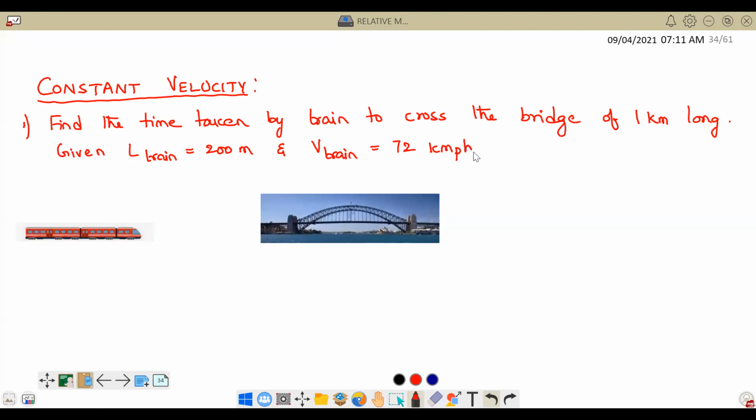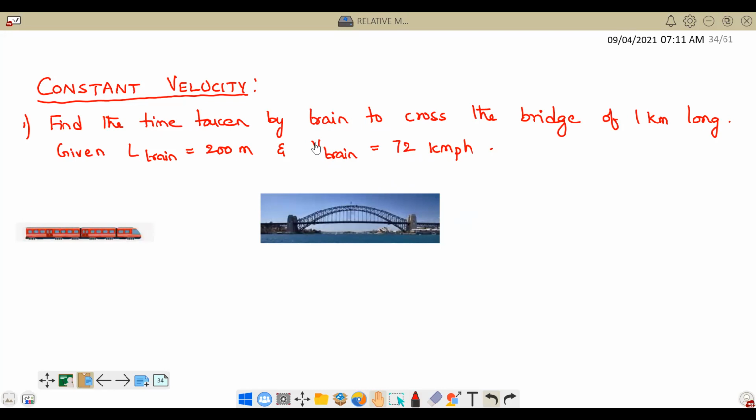Now, how do you identify whether the given problem comes under the constant velocity model or the constant acceleration model? In this model, there is constant velocity, we will have only velocities. There will be no acceleration. So we can understand that this problem comes under the constant velocity model. Whatever velocity is given in this problem, of course there is only one train, so one velocity.